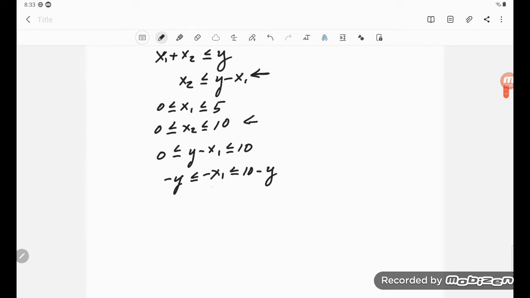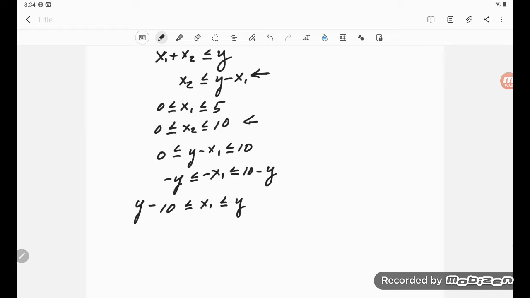And so if I make that a positive x1, inequalities change directions when multiplying through by a negative 1, so I get y minus 10 is less than or equal to x1 is less than or equal to y.